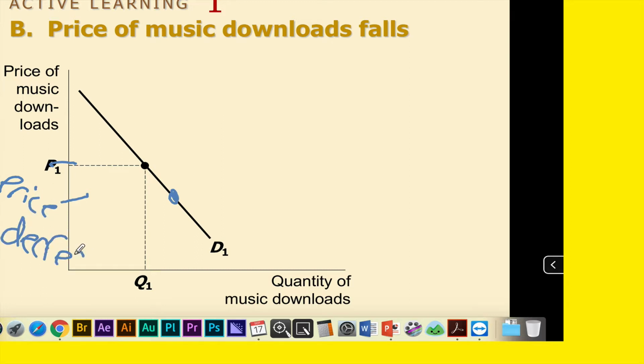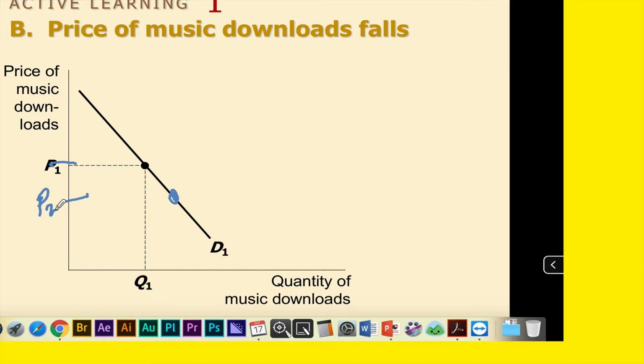No, it's already labeled that way. What I'm looking for you to say is this. P2. At P1, you got P2.